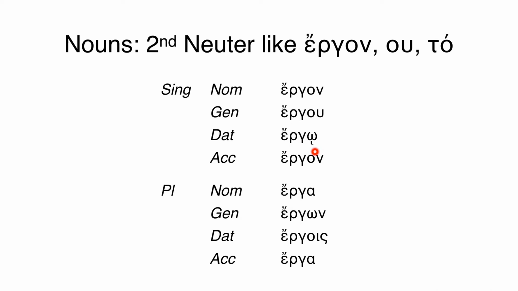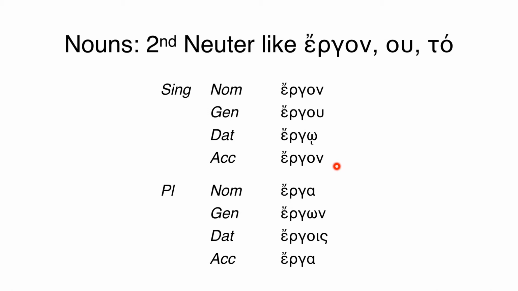Remember, the iota subscript is a standard dative singular ending. The neuter singular accusative ending is ergon. Notice that this form is the same as the nominative singular form, ergon. They are the same form. This is always the case for neuter nouns. The nominative and accusative form will be exactly the same, and only context will tell you which one is meant.